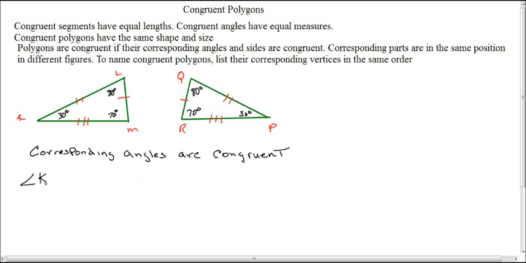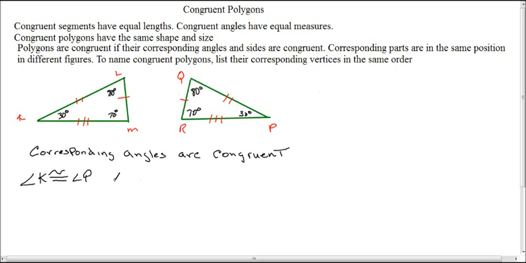So we see that angle K and angle P are the same. So we can say that angle K and angle P is congruent. Okay, so angle K is congruent to angle P. That's what we can say. And this little symbol means congruent. So now we can also look again and see that L and Q are both 80 degrees.